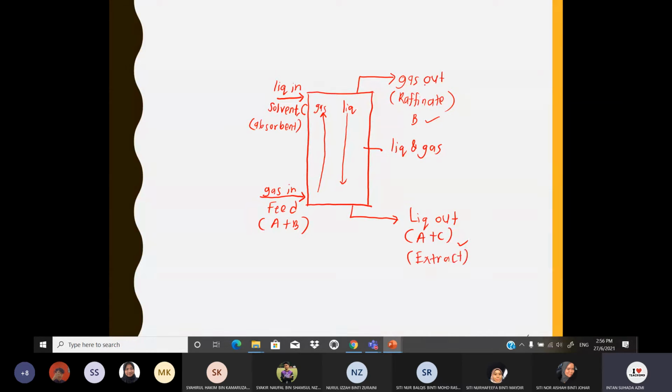So you have the feed, where your feed will be contacted with your solvent, then it will produce raffinate and extract.